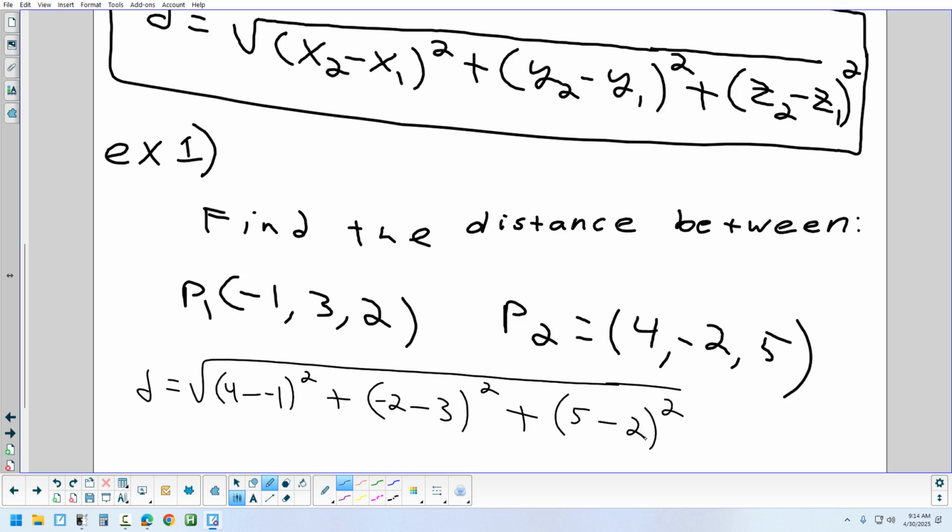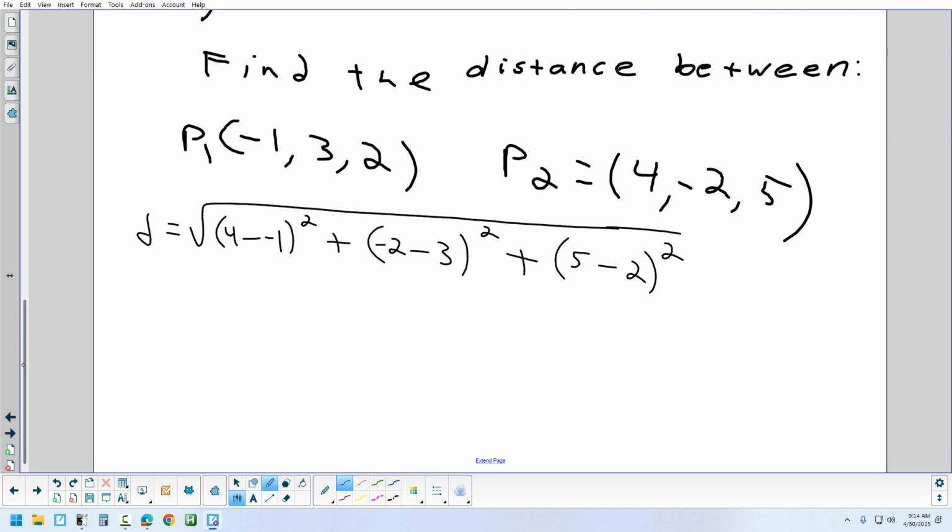Okay, so now we just do that out, and that's the answer for the distance between the 2 points. So we already said 4 minus minus 1 becomes 4 plus 1. What's 4 plus 1 squared? 25. So we get 25. How about negative 2 minus 3?